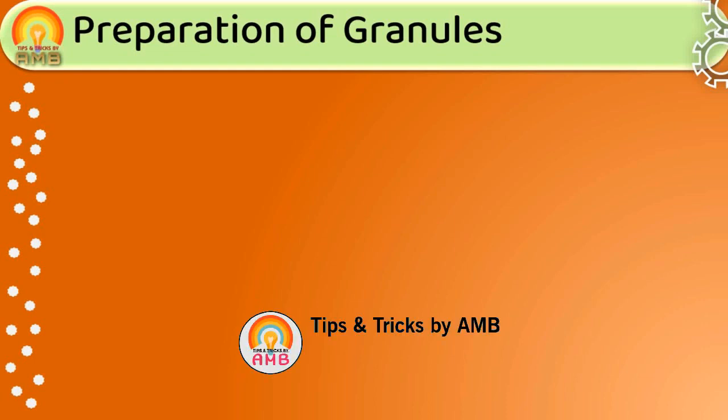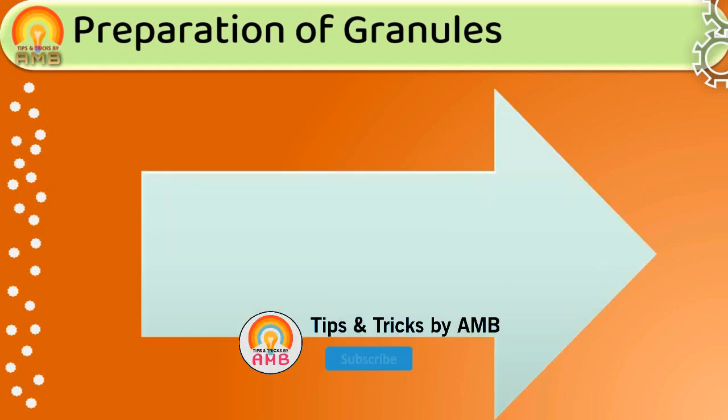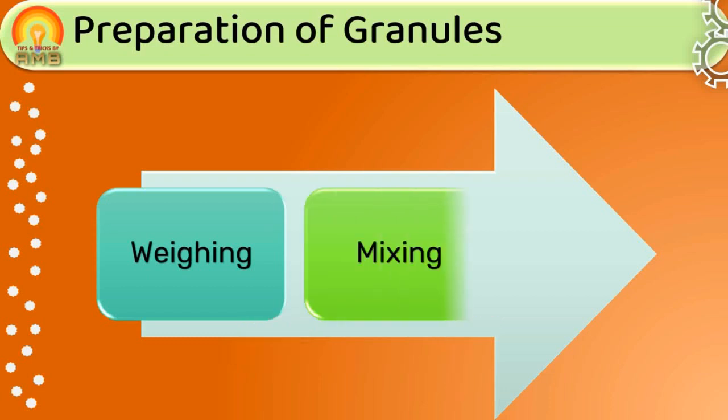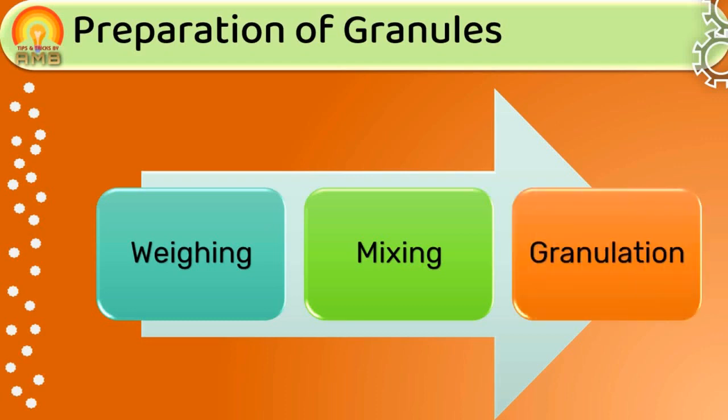Preparation of granules involves three important steps as weighing of the ingredients, that is weighing of drugs and excipients. Next is mixing of powders, that is mixing of drug with the excipients. And third is converting mixture of powder into the granules.